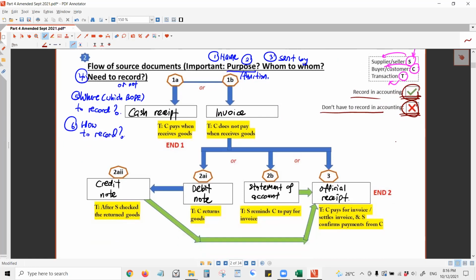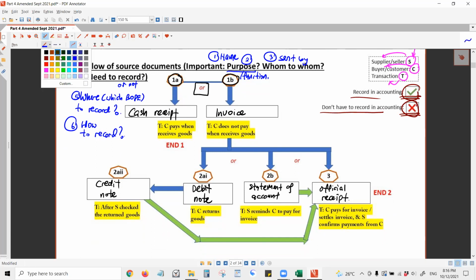Okay, now look at the first level from the top. First level of the flowchart. You can see that there is document 1A, document 1B, right? In the middle, you have the word or, right? That means only one of the documents will appear. Okay, it's either invoice or cash receipt. So what exactly are they?